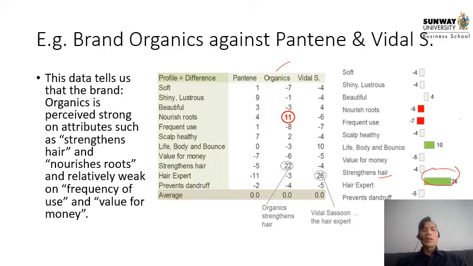And it's relatively weak in terms of nourishing roots and in terms of frequent use. Okay, so it is also strong on life, body, and bounce. Now, this is where you get the negatives and the positives. Remember about the expected ratings. Now, this is how we understand what attributes a particular brand is strong and what particular attributes a brand is weak.